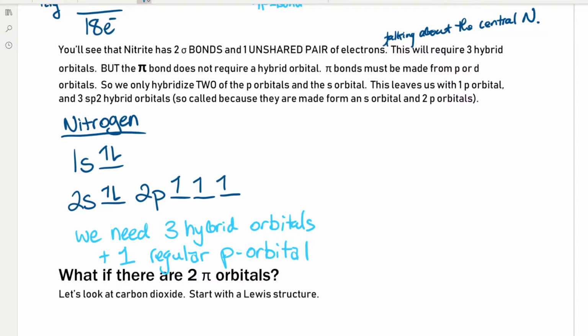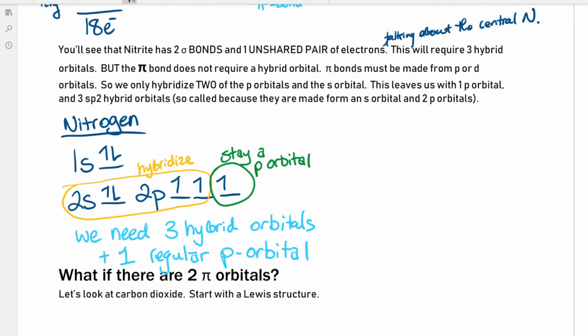And so what happens is that these here are going to hybridize, but this one right here is going to stay a p orbital. Which means we end up with something that looks like this.